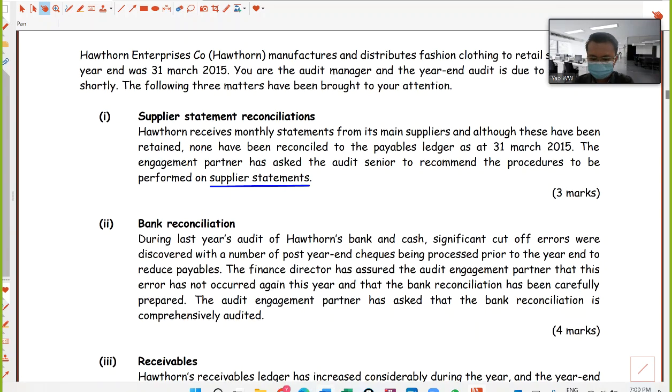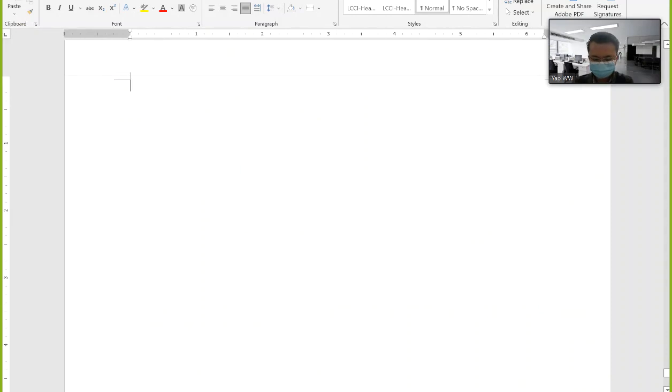Page number 8. Supplier statements. Put your answer in point form and remember the three things: work, now, objective.